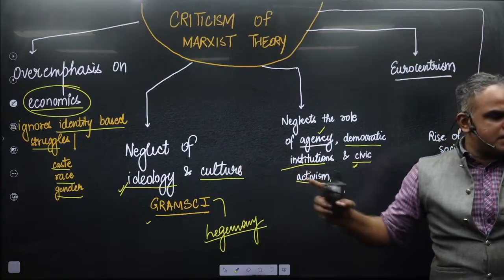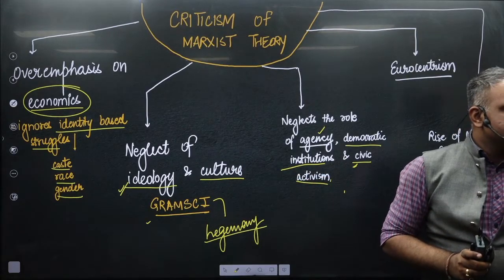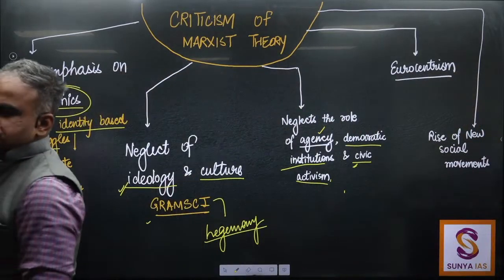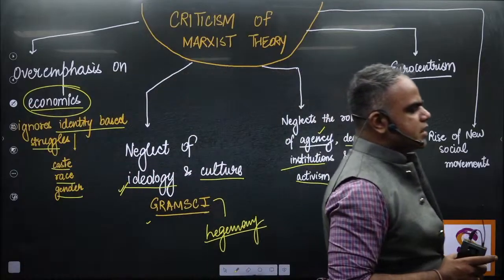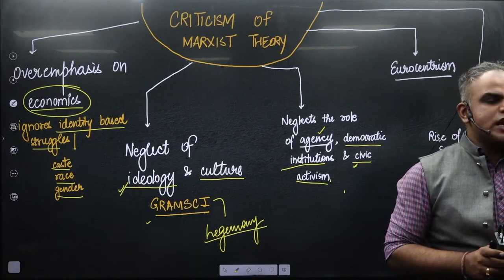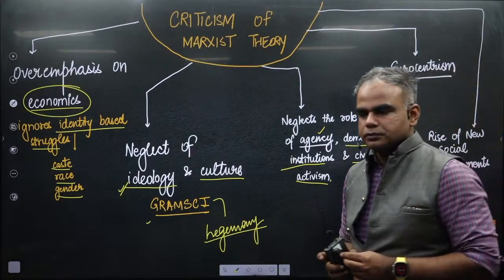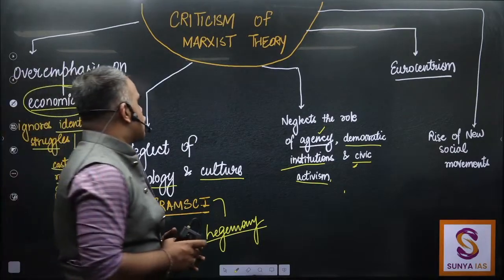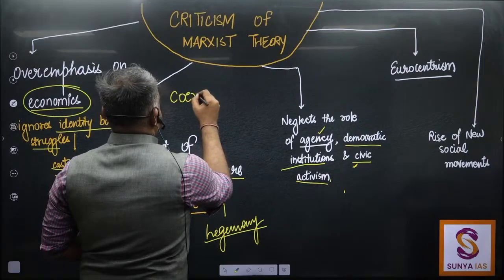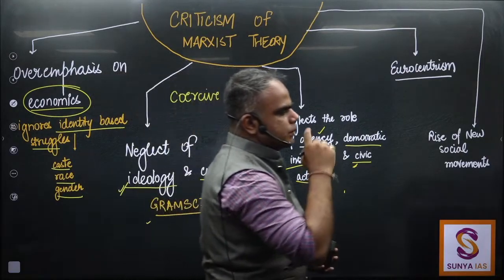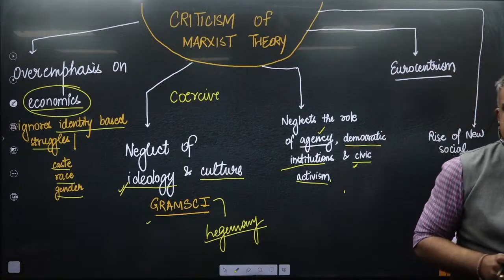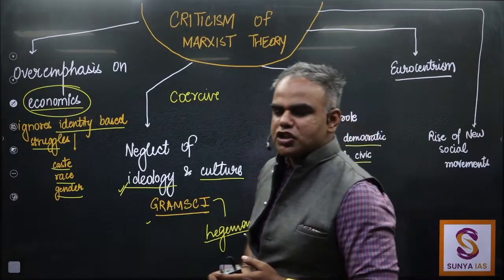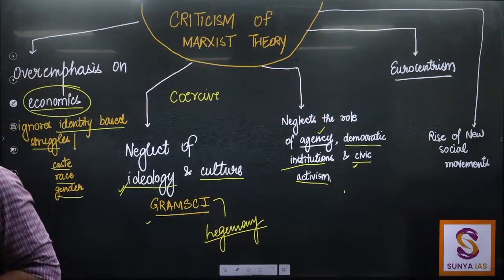First, on the neglect point, just write down one line. This is a good line: Gramsci argues that state power is not only coercive but also ideological, in brackets hegemony.